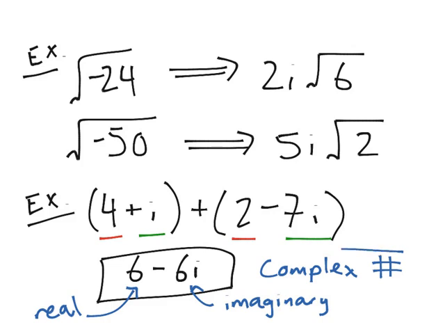So you're going to see a lot of these complex numbers when we're dealing with our quadratics, because our quadratics sometimes don't intersect with the x-axis, but they always have two solutions. But here's the thing, the two solutions are not always real. Sometimes they're complex numbers as well.